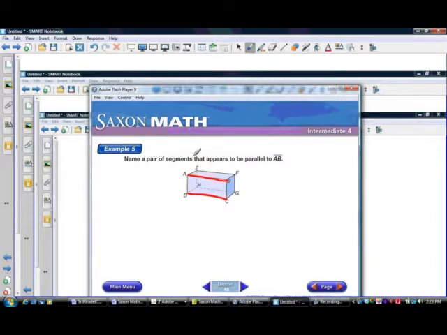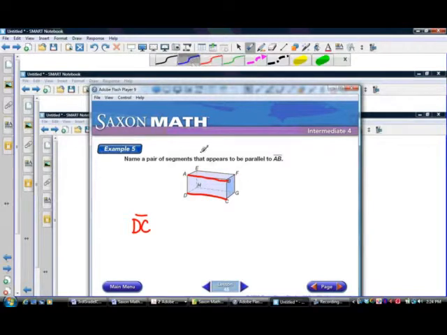So name a pair of segments that appear to be parallel to AB. We could say line segment DC, and look at this. This is even harder to visualize. And let me do those in a different color.